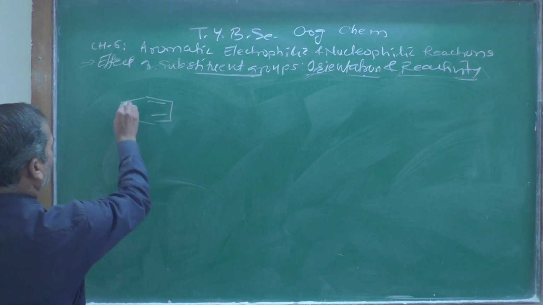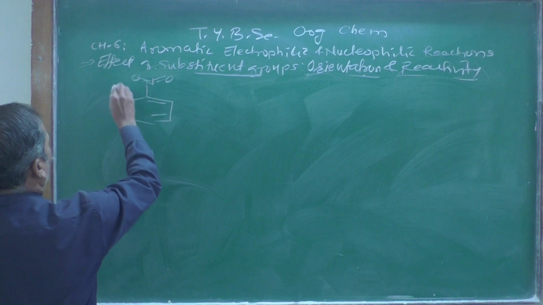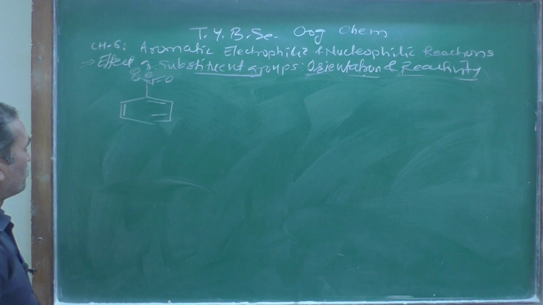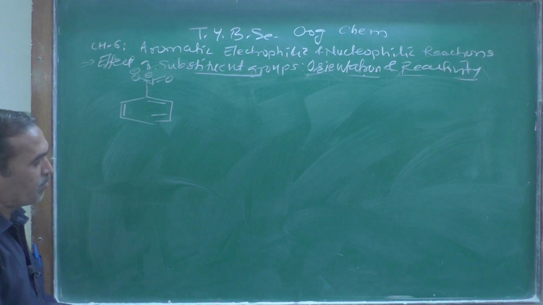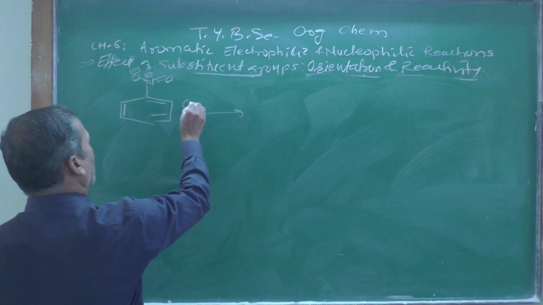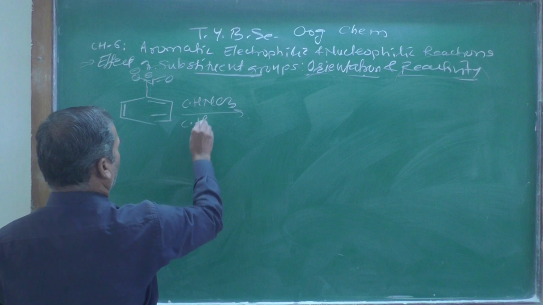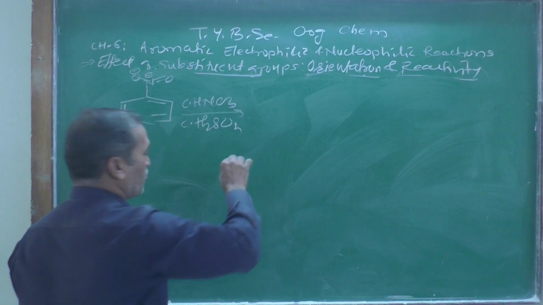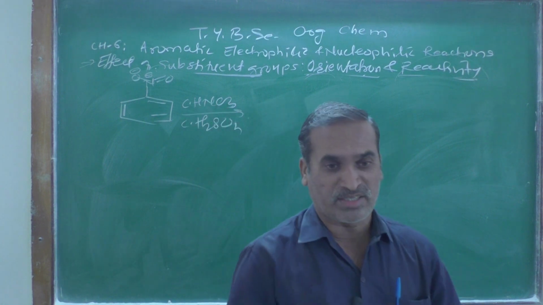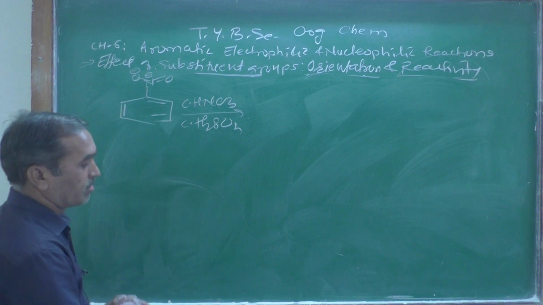This is nitrobenzene: N double bond O, here is a positive charge, here must be a negative charge, right? When that nitrobenzene is further treated with concentrated HNO3 and concentrated H2SO4, we know that it is a nitrating mixture. This reaction is known as a nitration reaction.